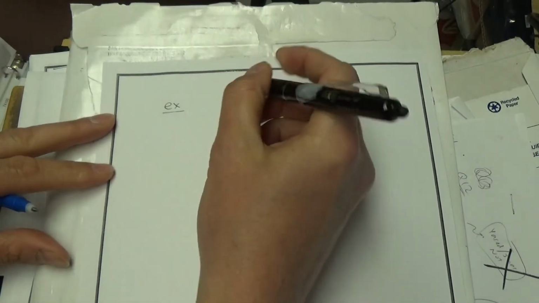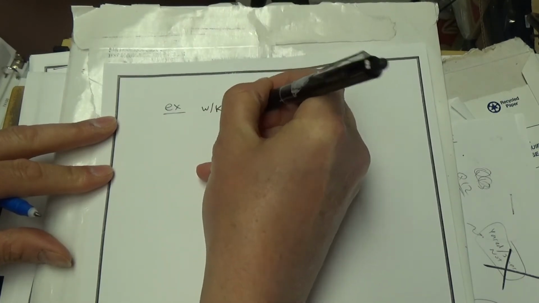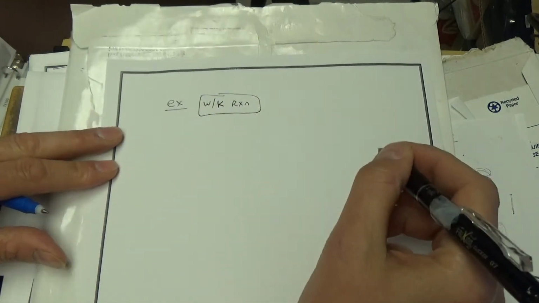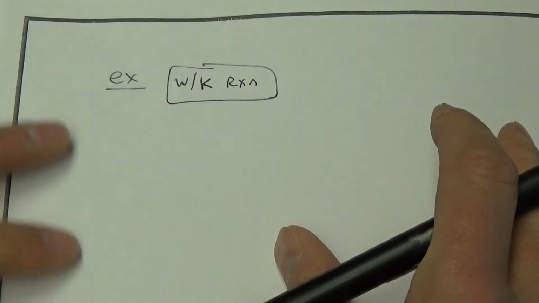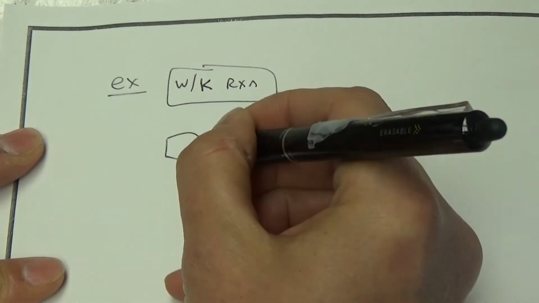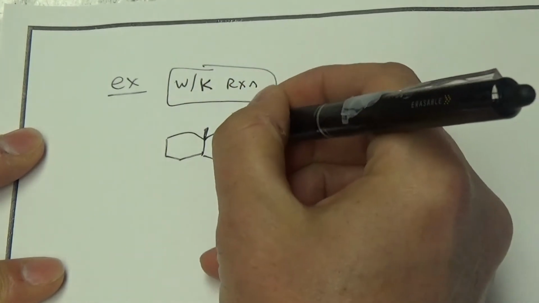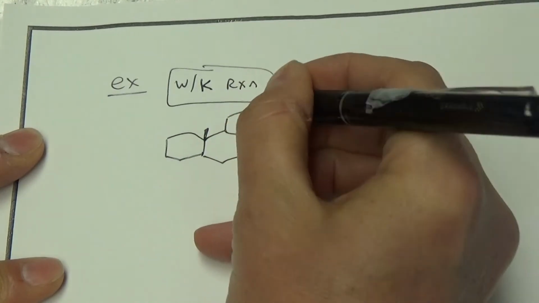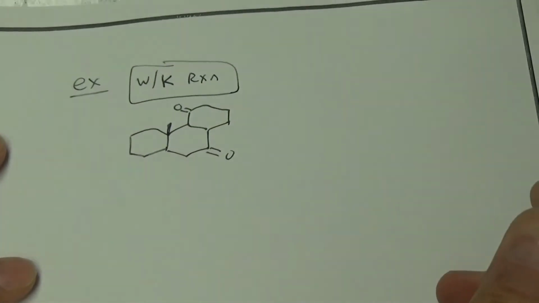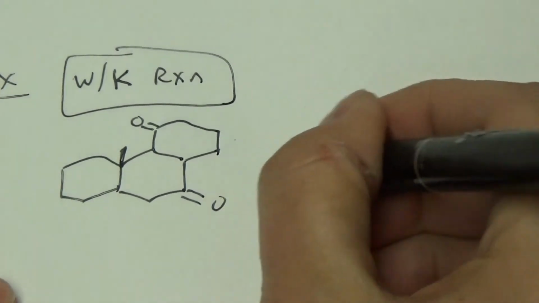Alright, let's just show a couple examples of the Wolff-Kishner reaction, WK reaction. Here we have two ketones. Let's wipe them off the molecule. How do we do it?